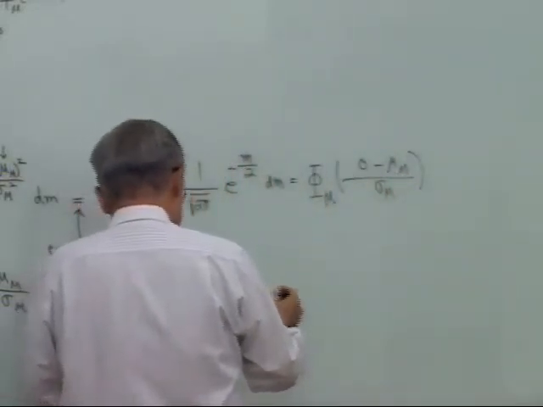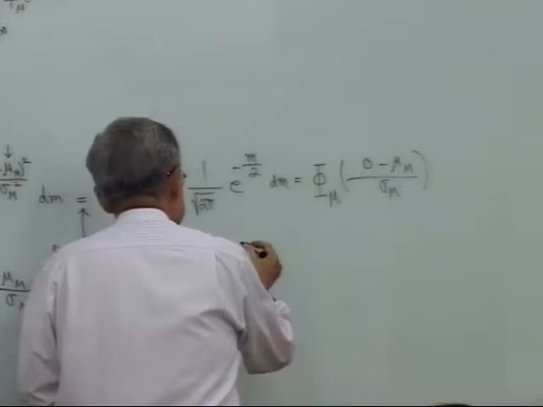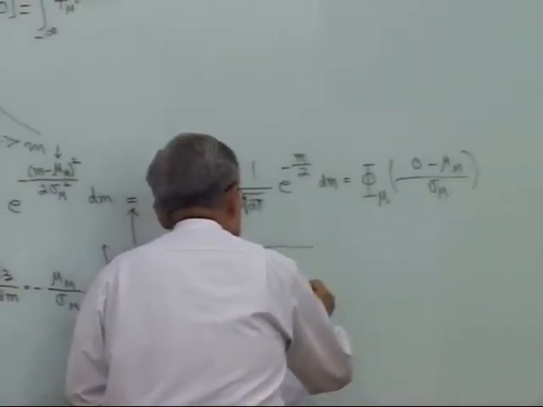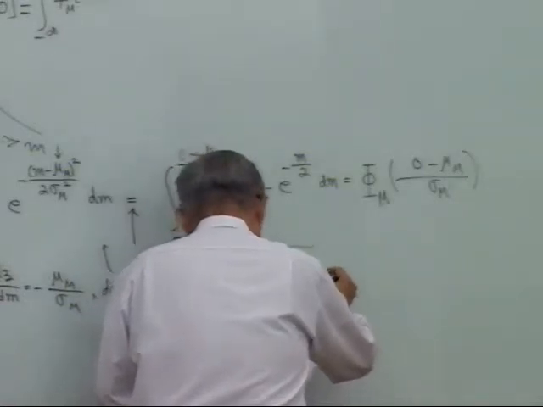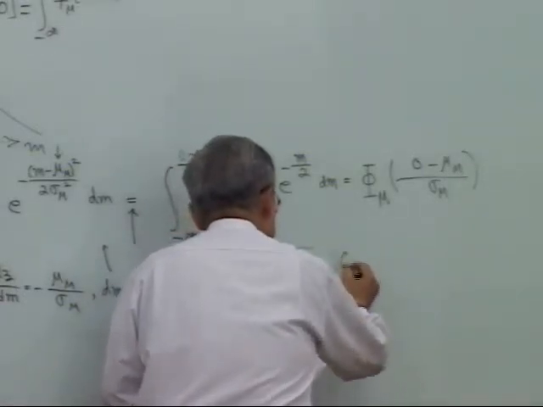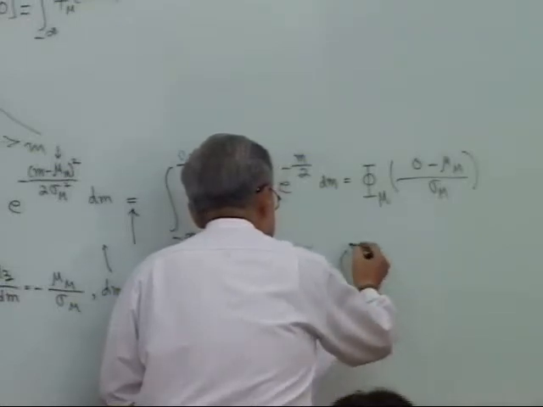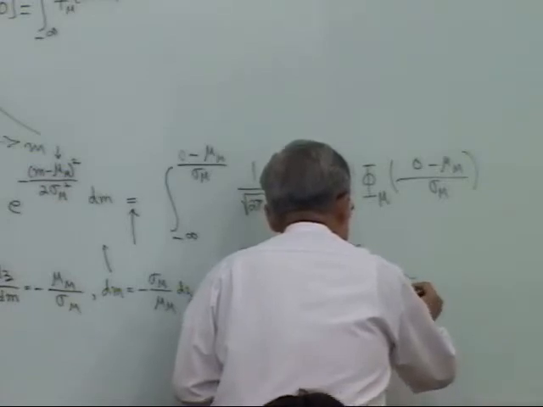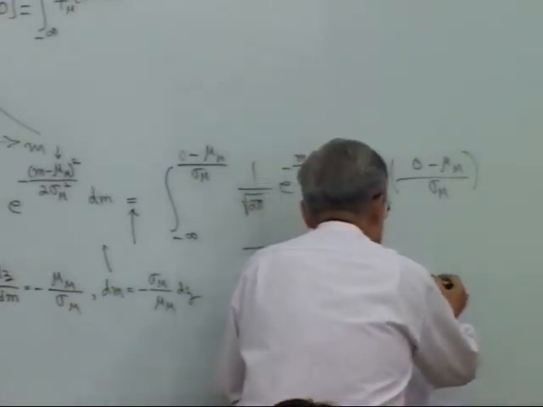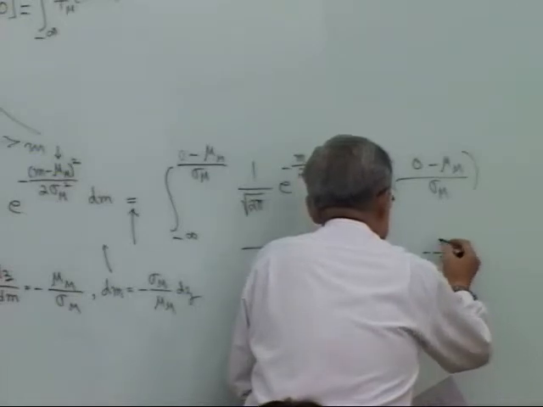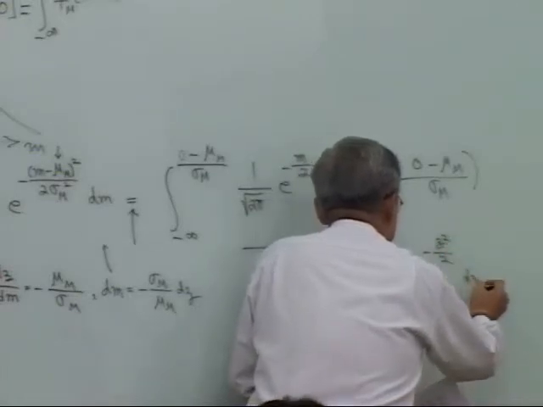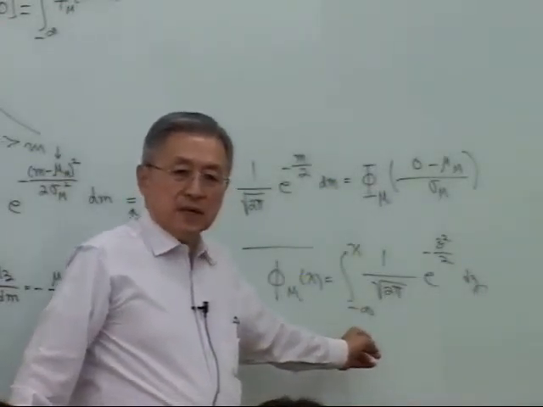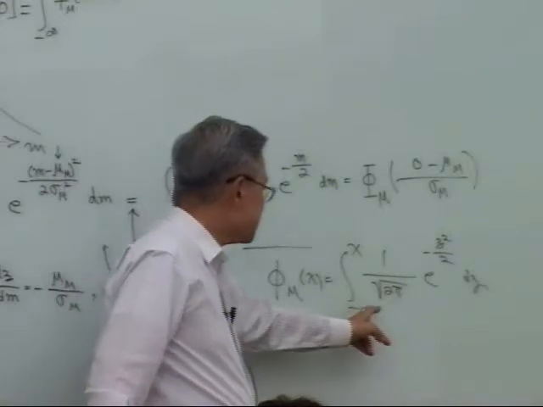Over here, Phi(x) is the integral from minus infinity to x of 1 over square root of 2 pi, e to the minus z squared over 2. Have you seen this before? And this is the error function.